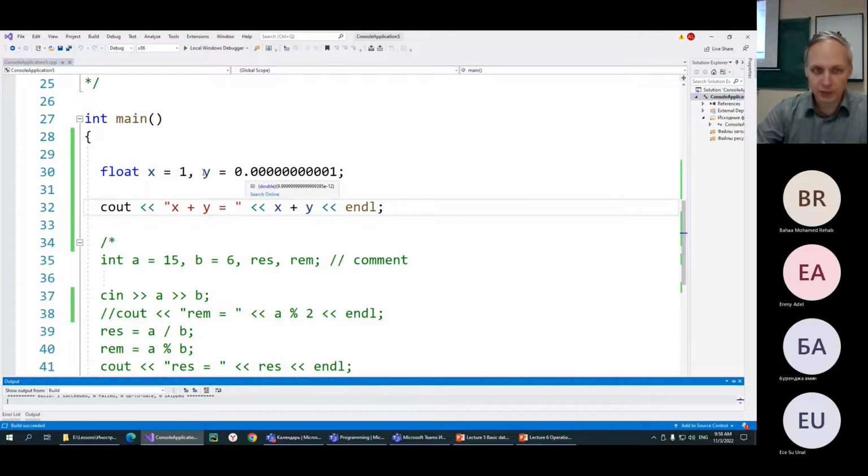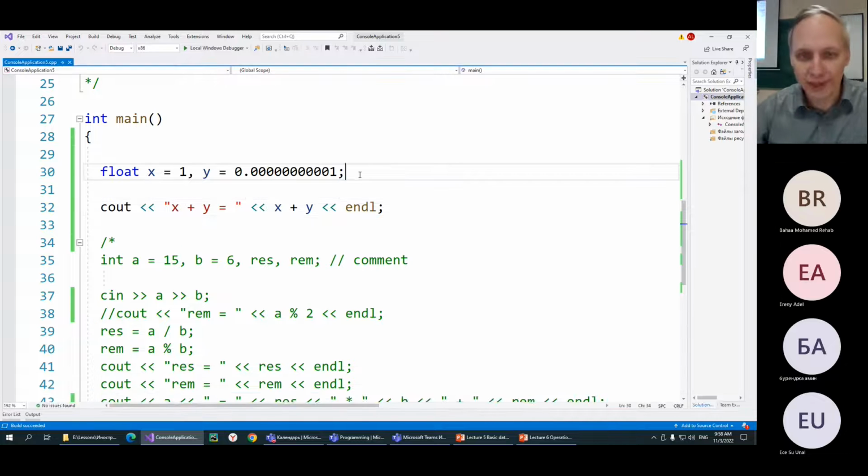But if I write this number y as 1 point, and for simplicity let's consider, 1, 2, 3, 4, 5, 6, for example, 9 zeros.